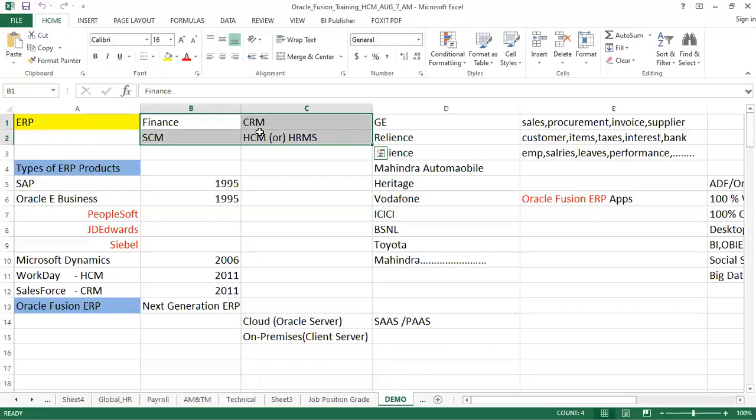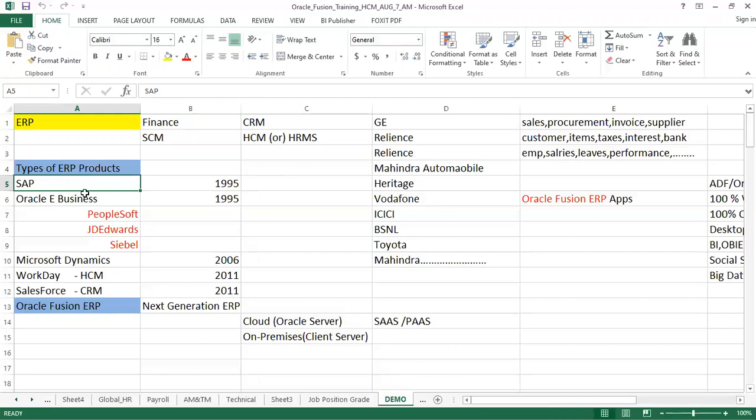Earlier, we used to call it as HRMS, Human Resource Management System, but now we are calling it as HCM, Human Capital Management. So there are a number of ERP products available in the market. What are those ERP softwares? Like SAP is there.